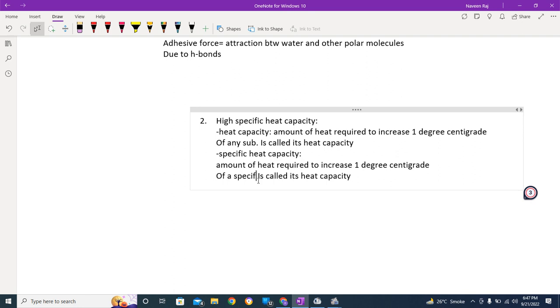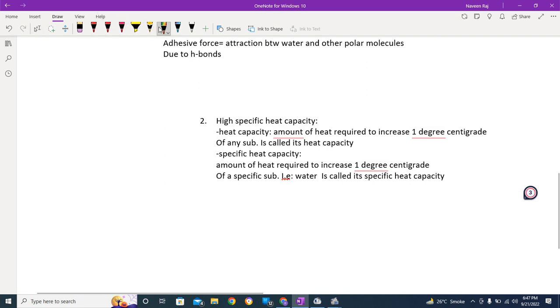A specific substance, for suppose water, is called its specific heat capacity, not just heat capacity.